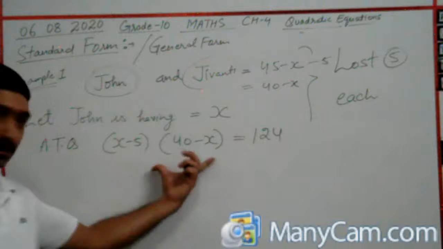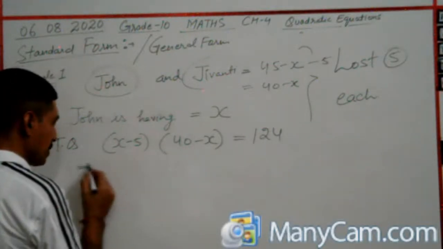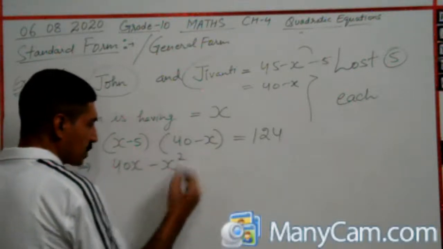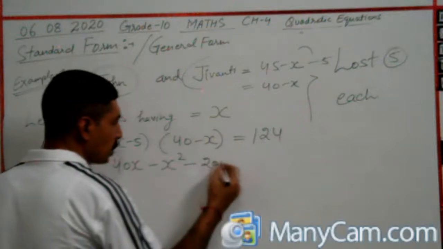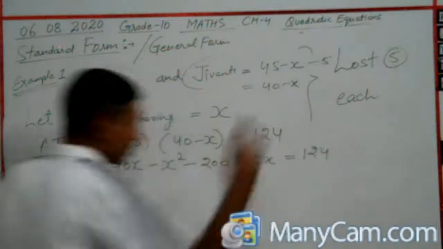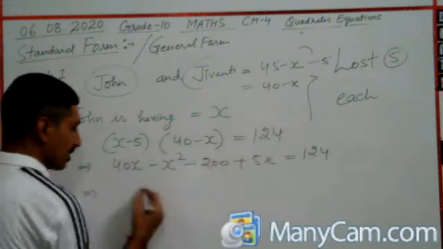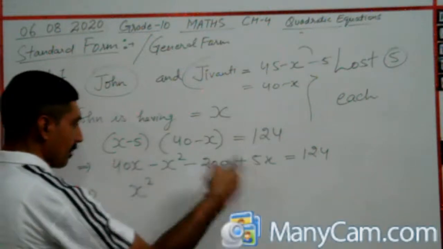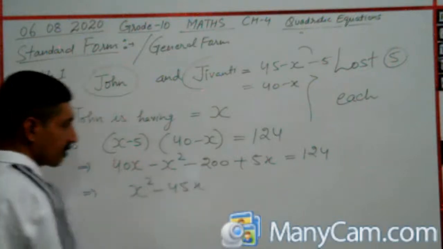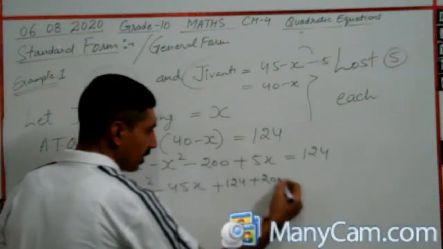Now when we open the bracket, we have this equation: 40x minus (x square minus 200) plus 5x is equal to 124. Or we can write this equation by taking the right hand side minus 5x, this is 45x minus 45x, and here there is always 1 plus 200 is equal to 0.